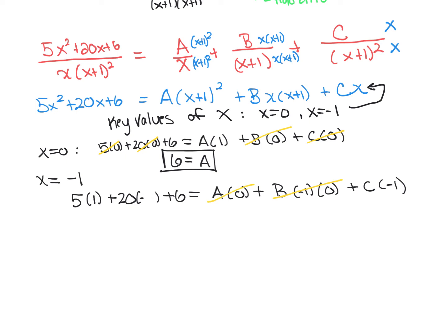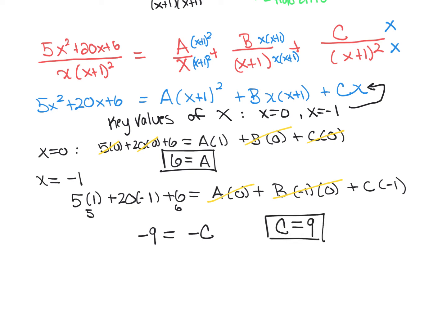So this is a 5 plus a 6 minus a 20. So this is going to be -9 on this side equals -c. Well, we now know that c equals 9.